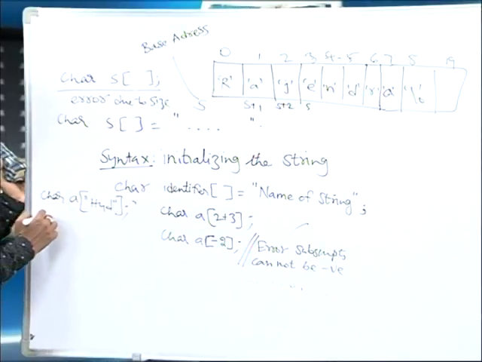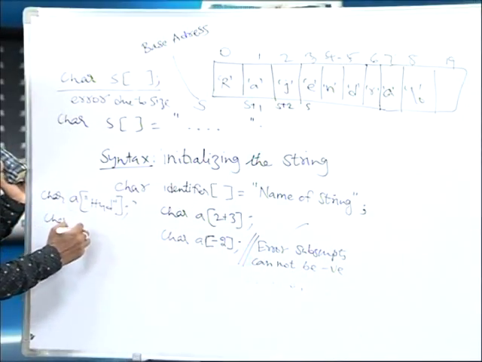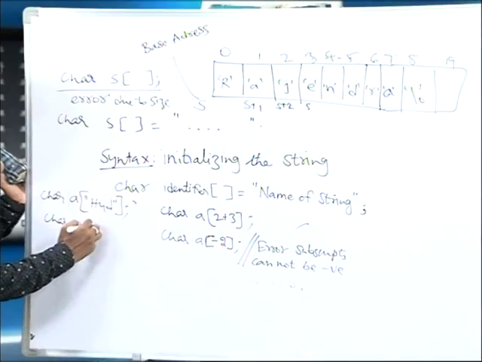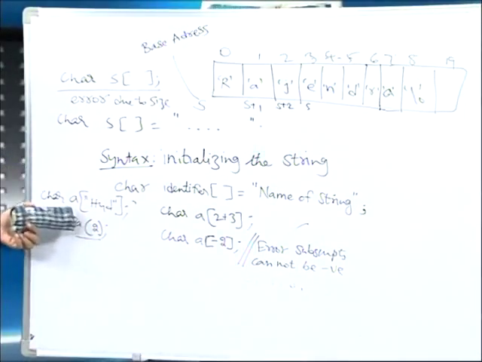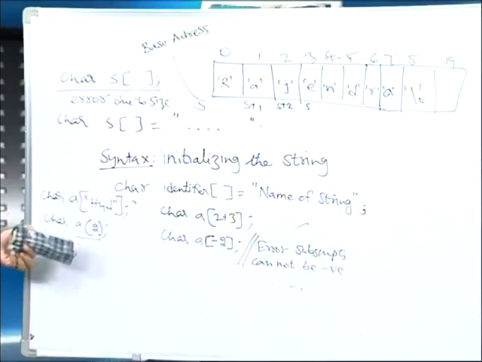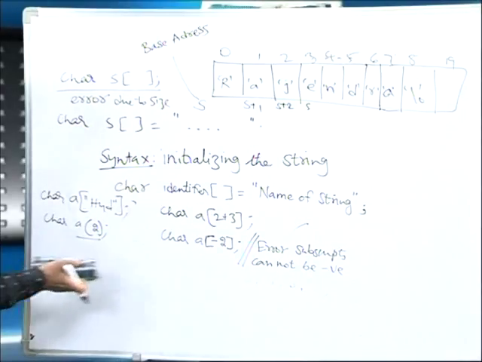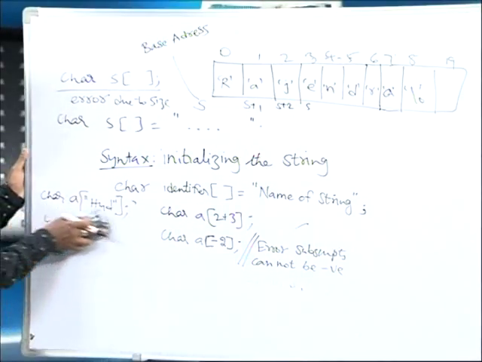Next, char A of 2. This is not an array. An array always starts with square brackets, but not parentheses. Parentheses represent methods, functions. Okay. Next, so we understood.